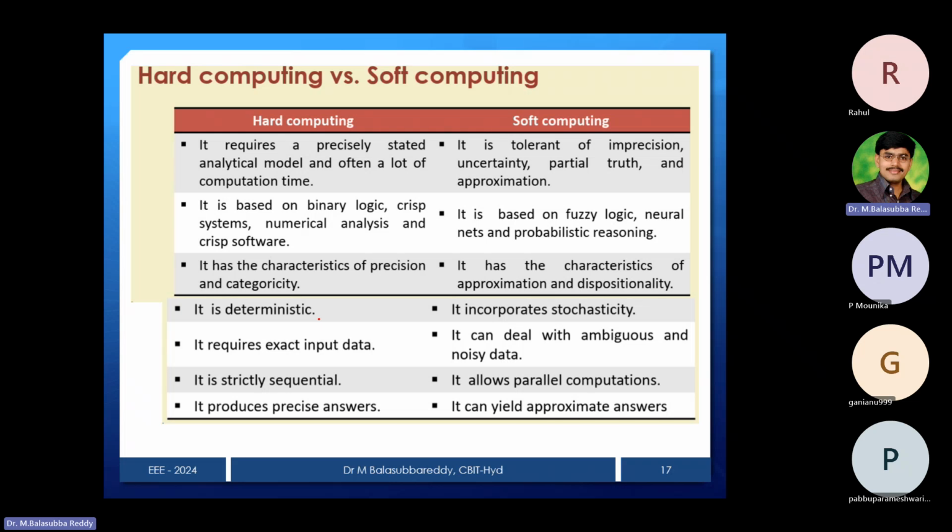These things we can call noisy data. Hard computing is strictly sequential. Soft computing allows parallel computations also. Hard computing produces precise answers, whereas soft computing can yield approximate answers. As I mentioned, hard computing directly gives the solution, but soft computing gives some approximation. So these are about the introduction of this topic.